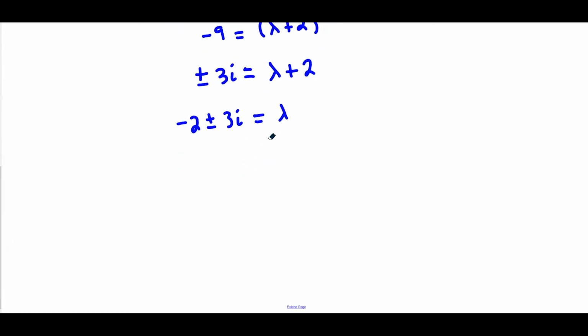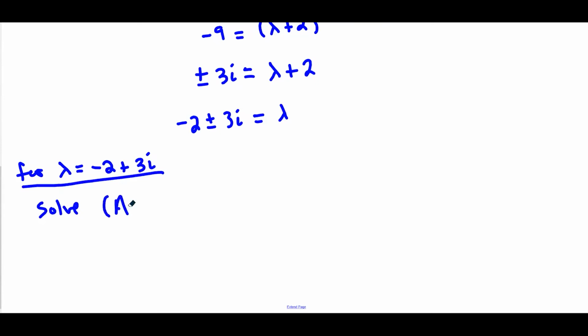But remember, we just need one, right? If we have one eigenvalue and one eigenvector, we can create the two solutions that we need. So let's say for lambda equals -2 plus 3i, we need to solve this equation.